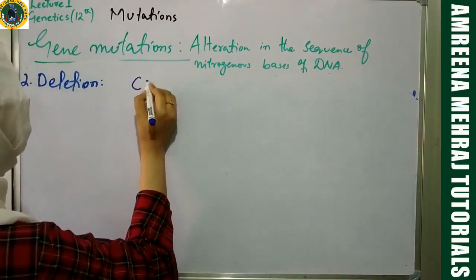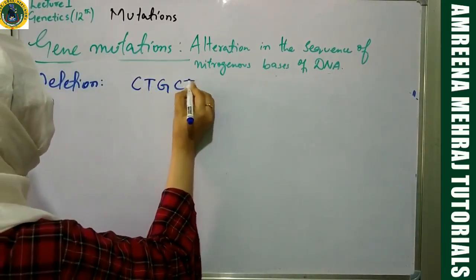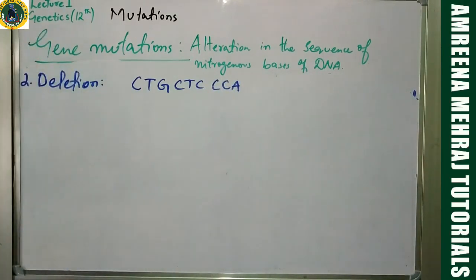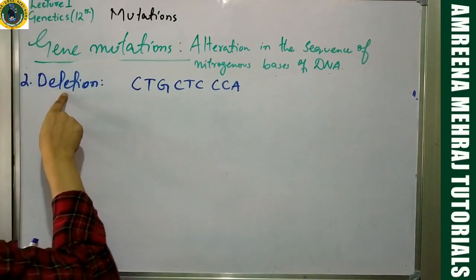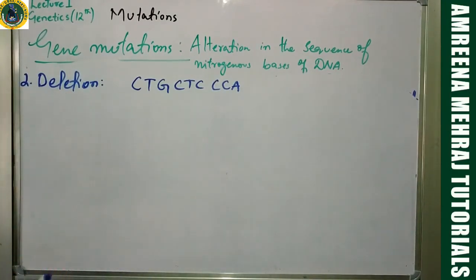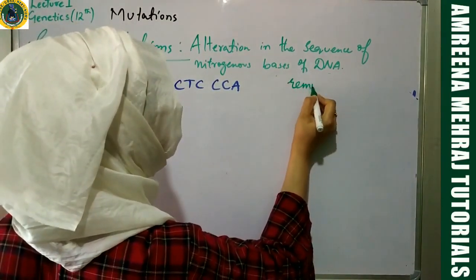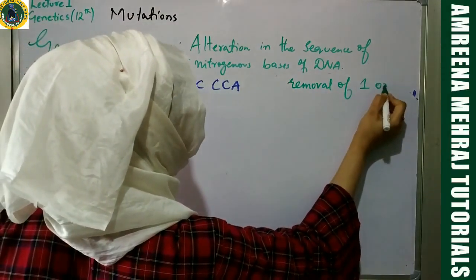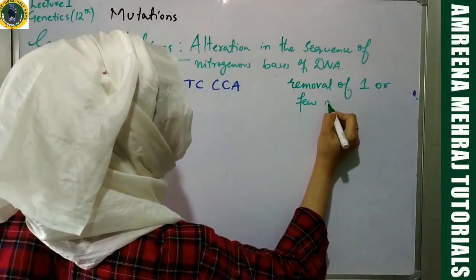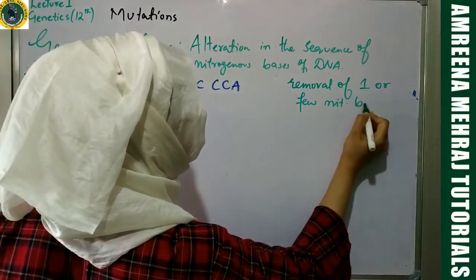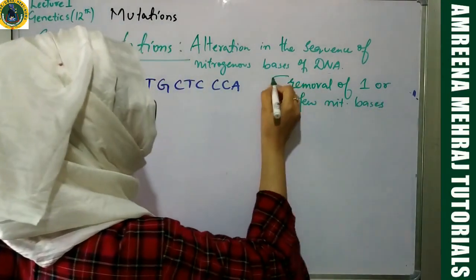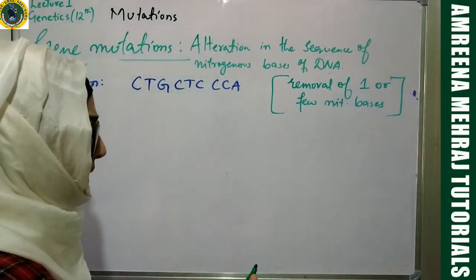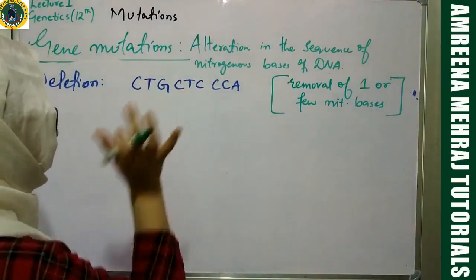We have a sequence C, T, G, C, T, C, C, C, A. This is a sequence in a gene. Now, in case of deletion, you will have removal of either one nitrogenous base or a few nitrogenous bases from a particular gene.